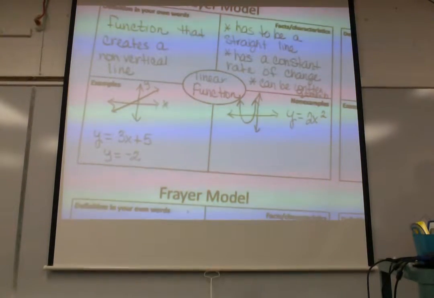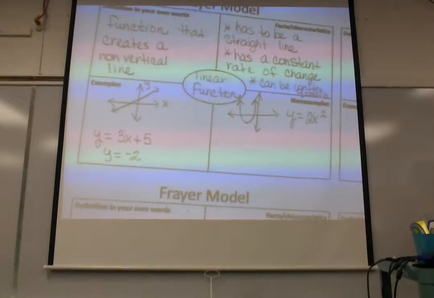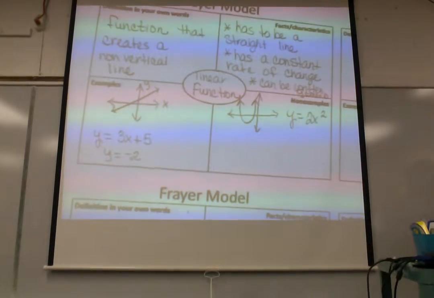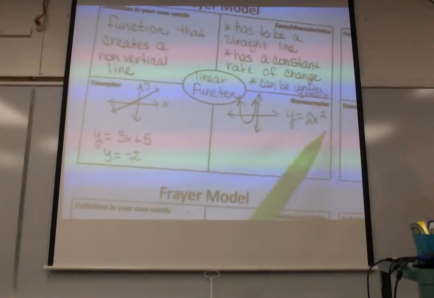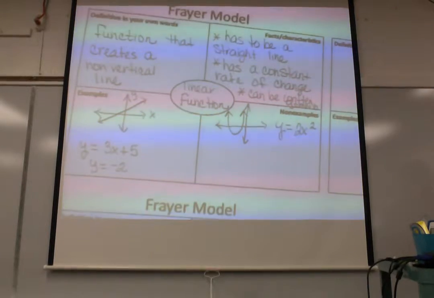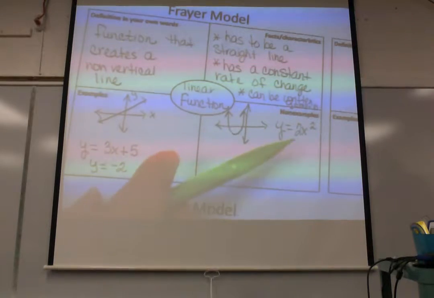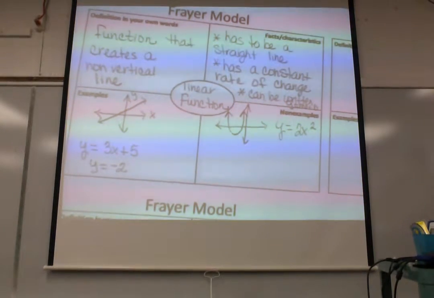I want you to notice that over here there's something called a quadratic equation, and it has a power of 2. Do you see this? That has a parabola. Is that linear? No. So anytime you see a power of 2 in your equation, that's never going to be linear.